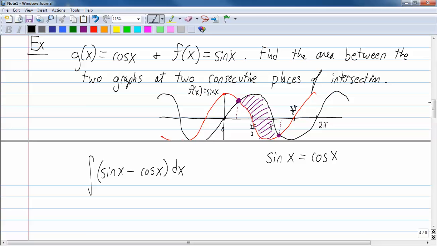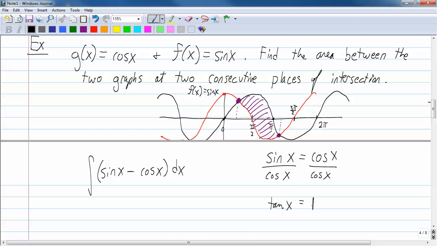What that's going to do is create a number on one side. So, me personally, I like to deal with tangent more than I like to deal with cotangent. And you'll see what I'm talking about when I divide both sides by cosine. If I divided both sides by cosine here, the left side becomes tangent, the right side becomes 1.